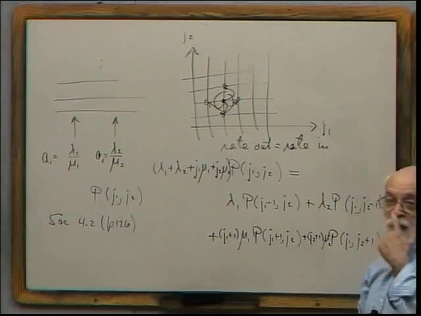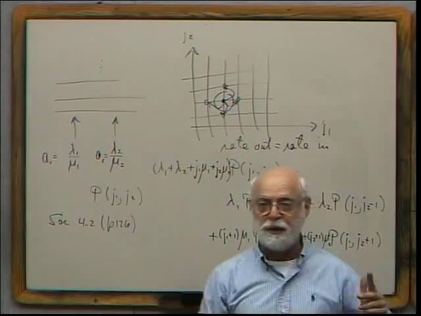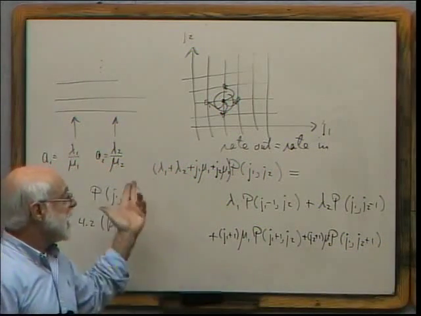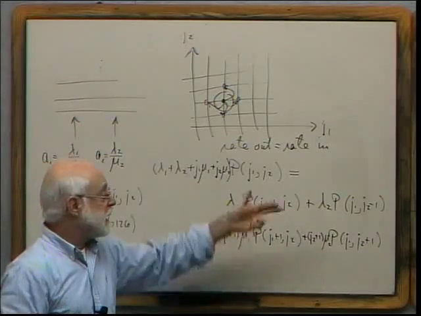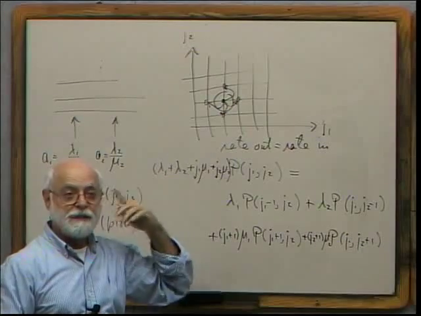So rate out equals rate in, no big deal, exactly the same kind of reasoning we did before, just a little bit more complicated in detail because there's more variables. But the difficulty is that I have to solve these equations, and I can't solve them by successive substitution as we did before. Now I have to solve them simultaneously, so this can be a big deal.